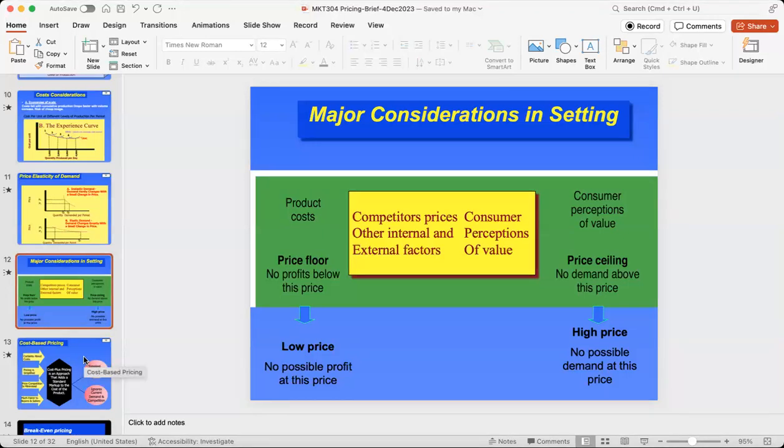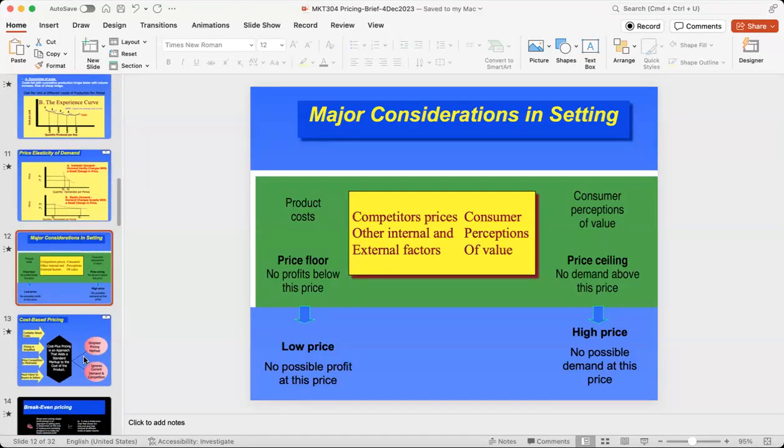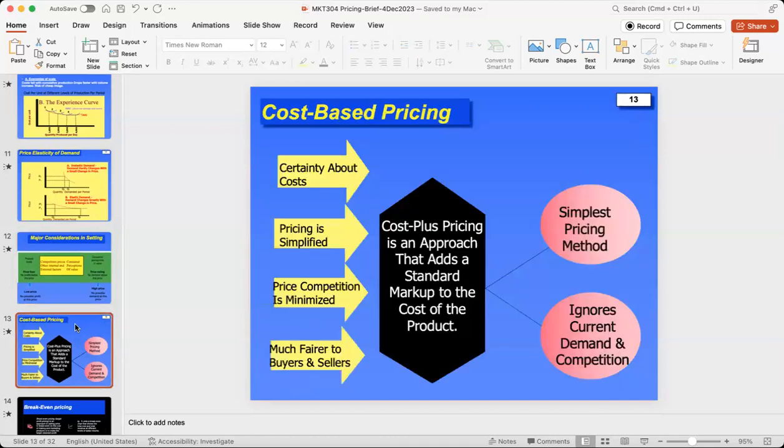So we're going to look at the different ways of deciding what your price should be. The first way, the most basic way, is cost-based pricing. So what you do is use the simplest method. It's very arbitrary: you say everything plus 20%. So all the costs plus 20%.